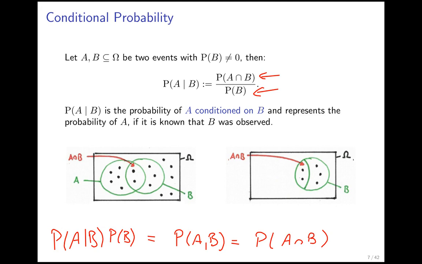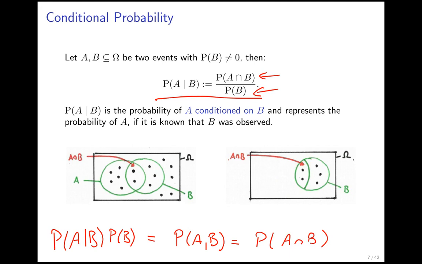Now look at this equation that I just wrote down. If you divide by P of B, which you're allowed to do, then you arrive exactly up here. Now, why is this easier to remember in my opinion?